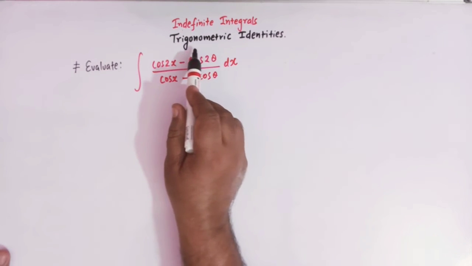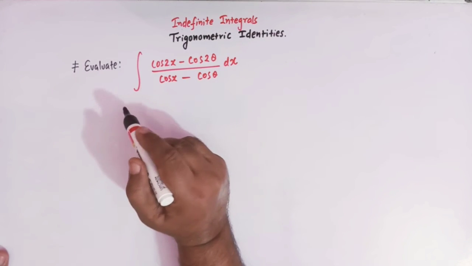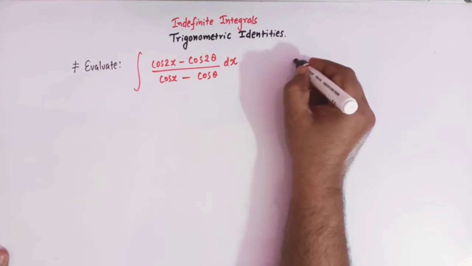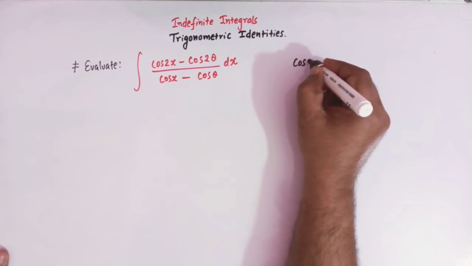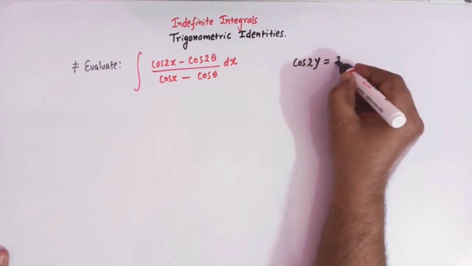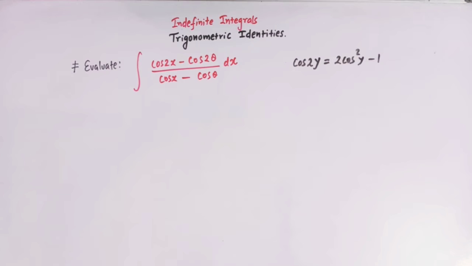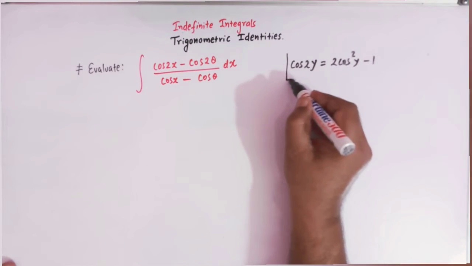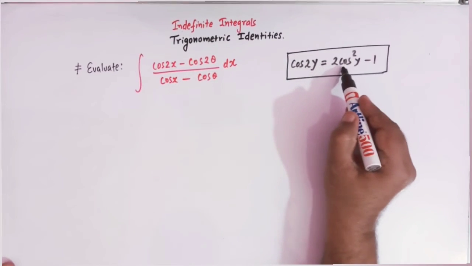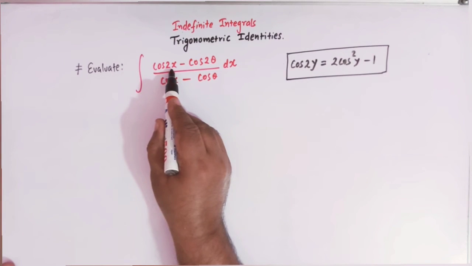Here again the integrand is a trigonometric function, so we'll make use of an important identity from trigonometry: cos of 2y is equal to 2 cos square y minus 1, right? This is the important double angle formula. See, here we have cos of 2x, right?